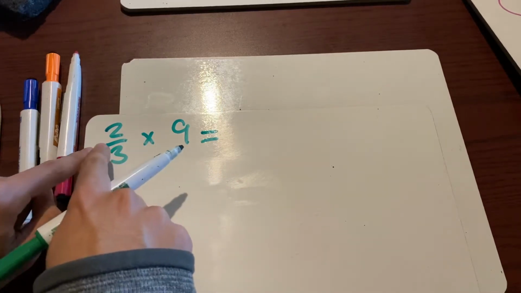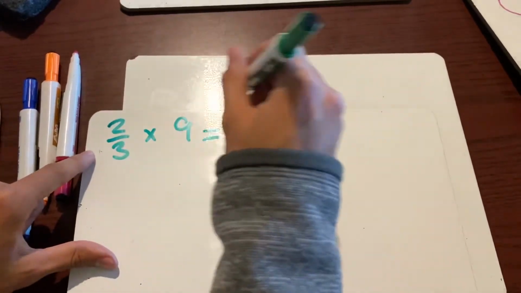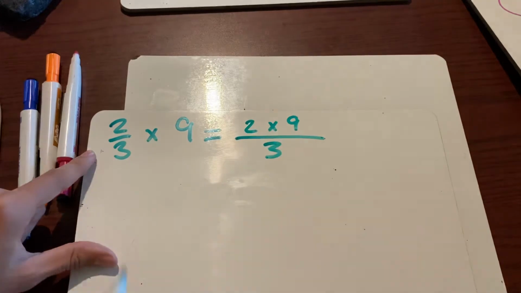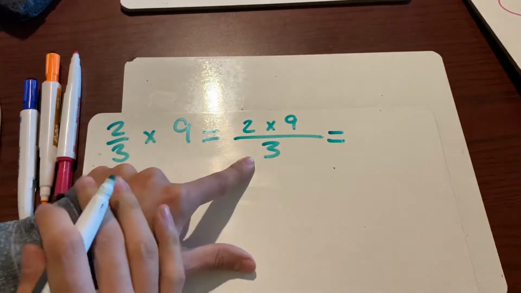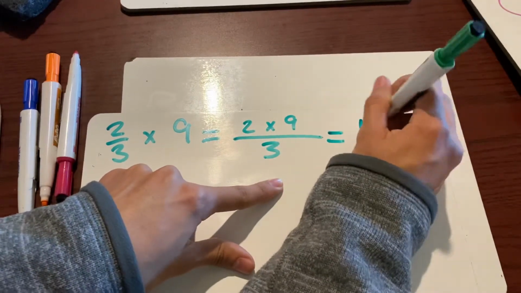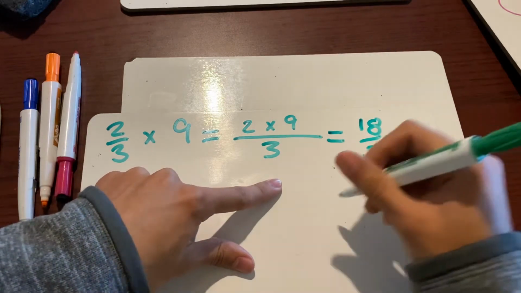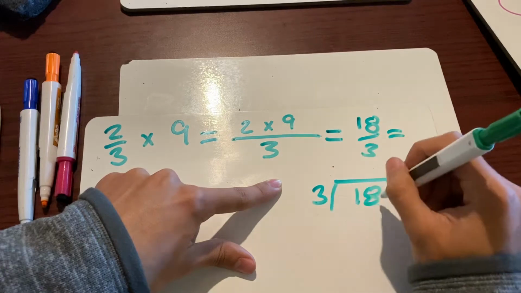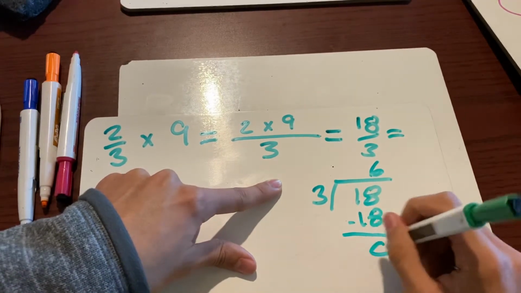We can just multiply this straight across, like this. 2 times 9. And our denominator is going to be 3. So 2 times 9 is 18/3. Oh my gosh. Check this out. 18/3, if we divide that, 3 goes into 18 6 times.